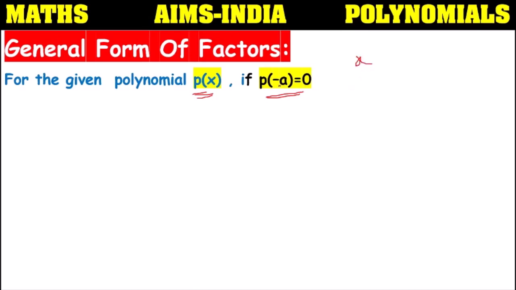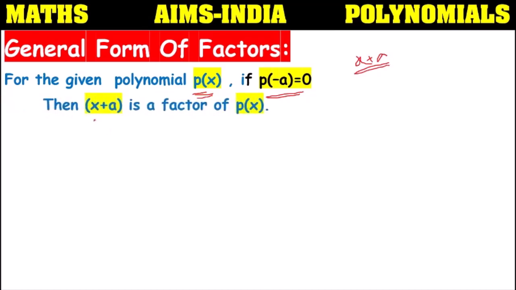This is minus a, so we have to change the symbol, x plus a. So x plus a is a factor of p of x. So for writing the factor, we have to take the variable, and whatever remainder is there, for that we have to change the sign, and combine both. Then it will be considered a factor of the given polynomial.